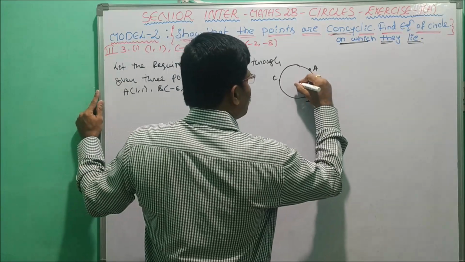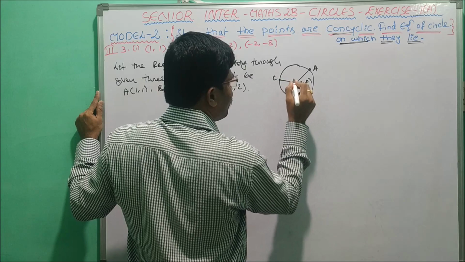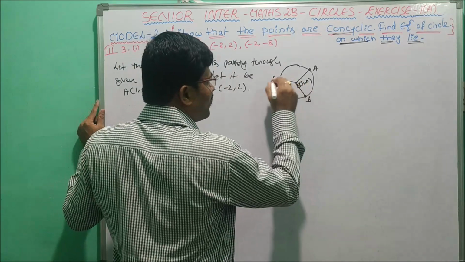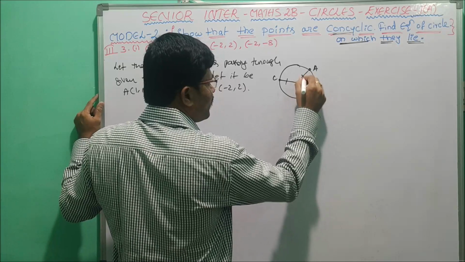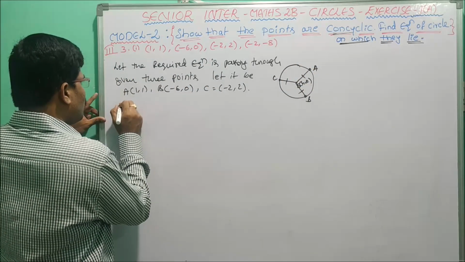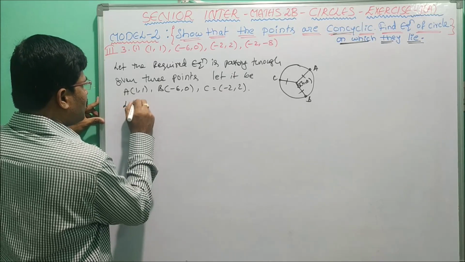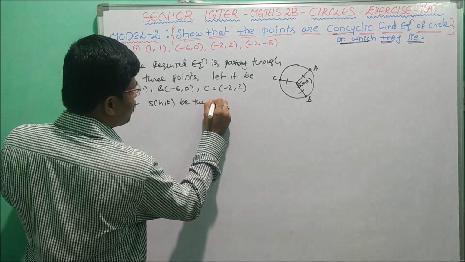Clearly we observe, calculate the distance between SA, SB, SC. S is equidistant from the given points, because this is the center and the points lie on the circle. So let S(h,k) be the center.